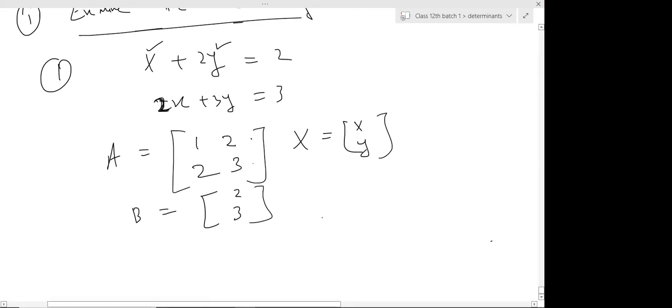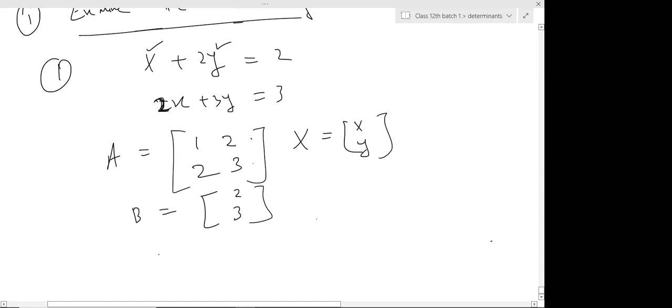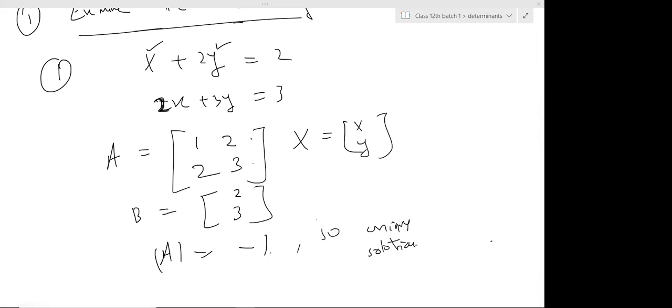So it is consistent, having a unique solution. The determinant of A is 3 minus 4, that is minus 1. So unique solution. No doubt here.